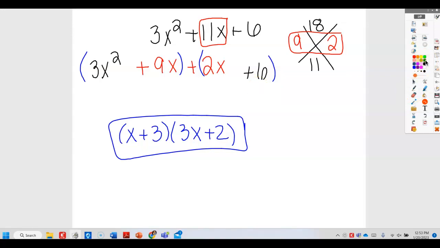FOIL says first, outer, inner, and last. So when you do factor by grouping, you are setting up FOIL in reverse, essentially. That's why factoring and FOILing are so interrelated.